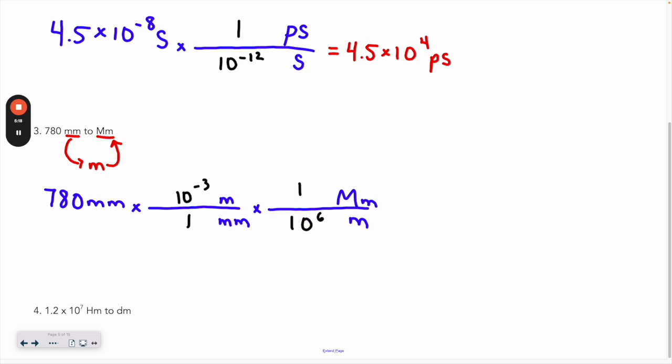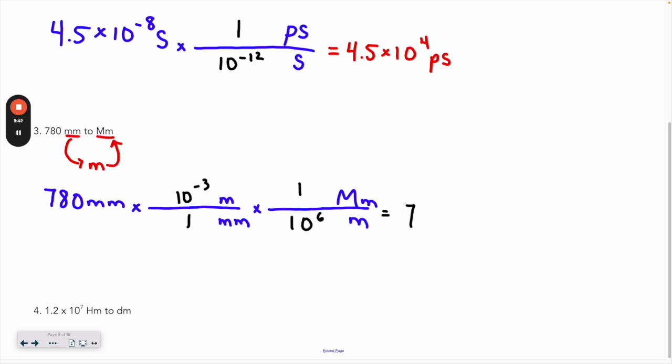So I'm going to take 780, I'm going to multiply that by 10 to the negative 3rd, because it's in the numerator, and then I'm going to divide that by 10 to the 6th, because it's in the denominator. All right, and that would give me 10 to the negative 7th. Sorry, I was doing the mental math in my head, but you can easily just plug this in your calculator.